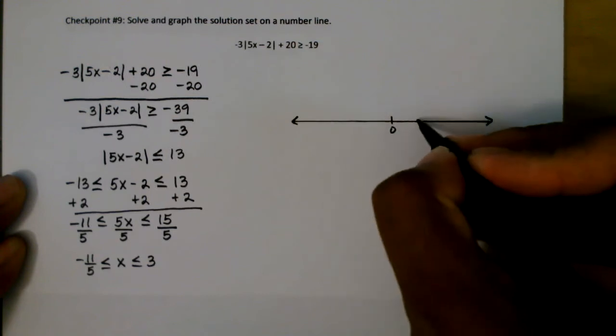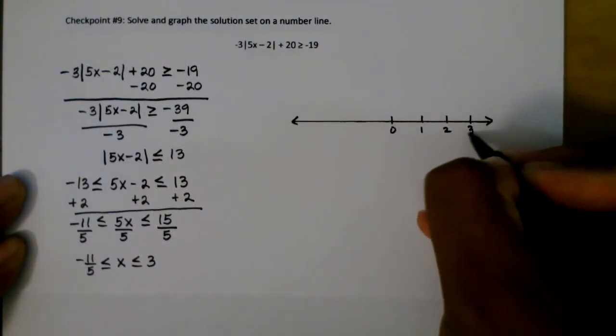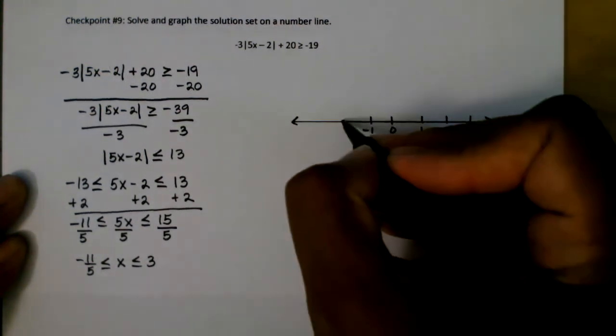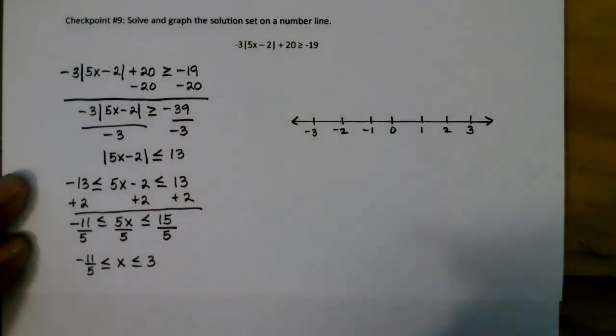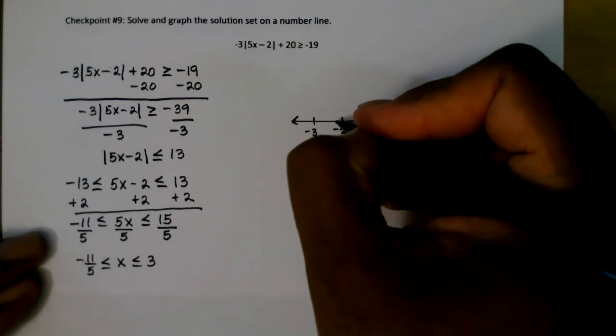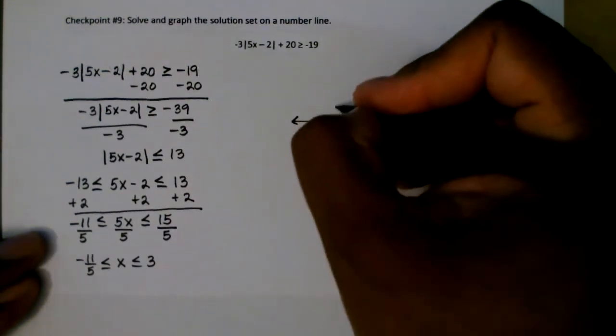Let's see, 0 will be here, 1 and 2 and 3. Okay, -11/5 is like -2 and 1/5, which is a little bit to the left of -2.